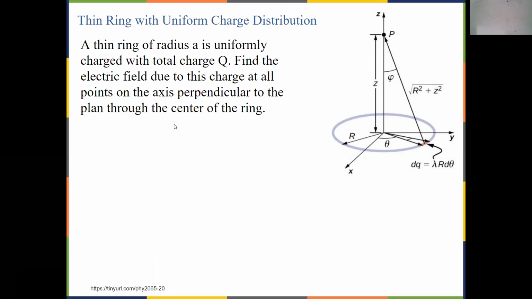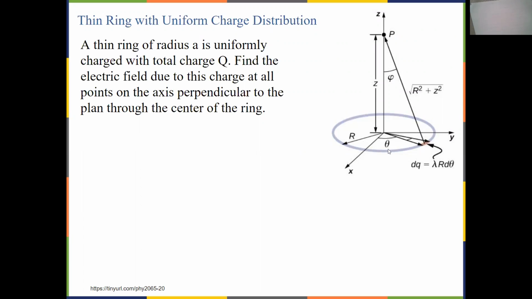Next, we are going to look at a thin ring. So that's a line, but a line in a circle, a circular line. If the charge is uniformly distributed through the ring, what will be the electric field due to this charge at all points on the axis perpendicular to the plane through the center of the ring?